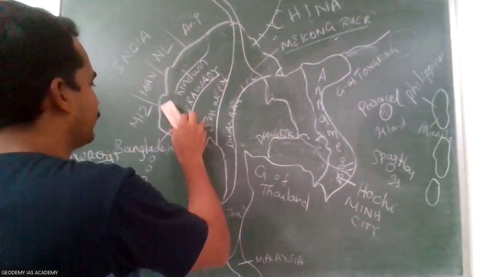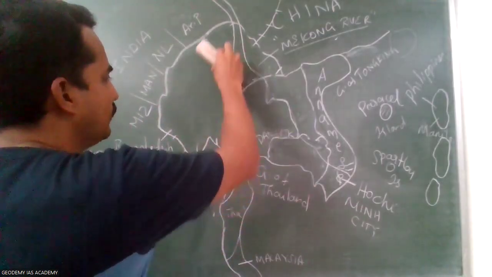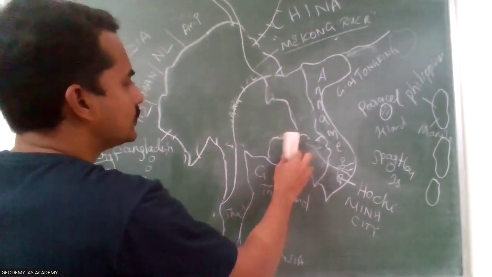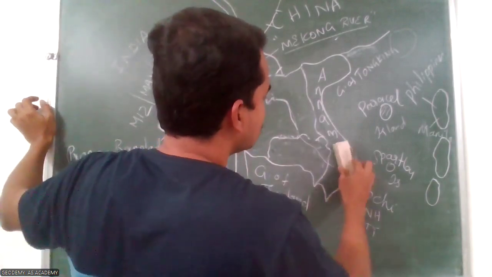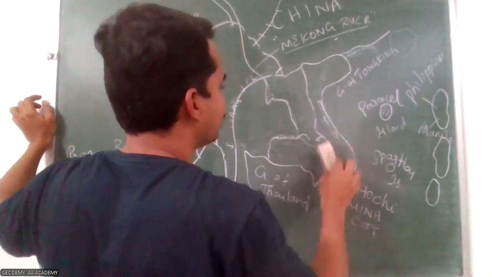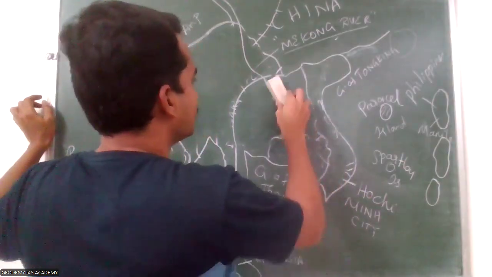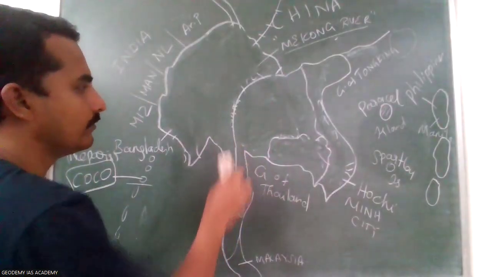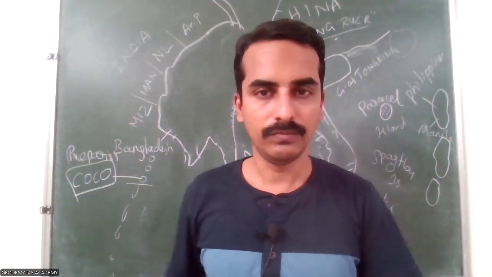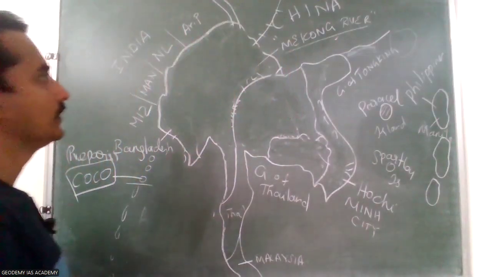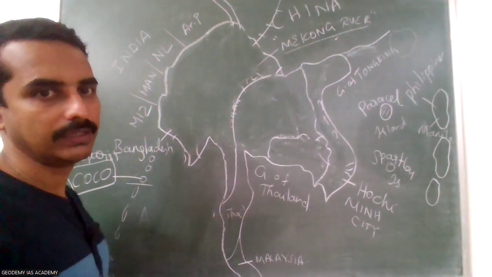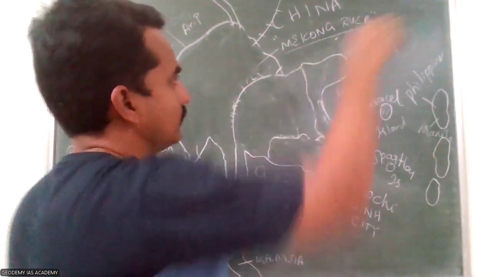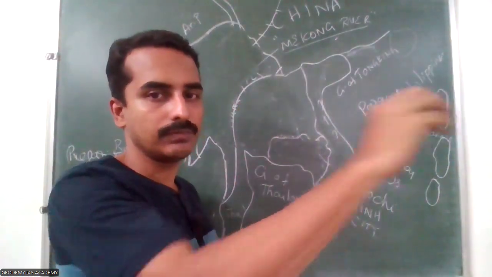Now, other major features. Then we should know the climatic regions of Vietnam. Actually, the Indo-Sino region receives rainfall through monsoon and cyclone. The Tropic of Cancer passes through here, Myanmar, then into China, the southeastern part of China.